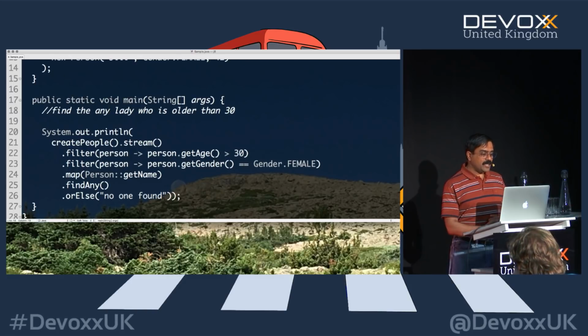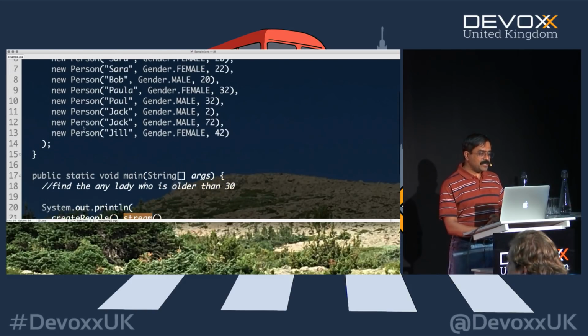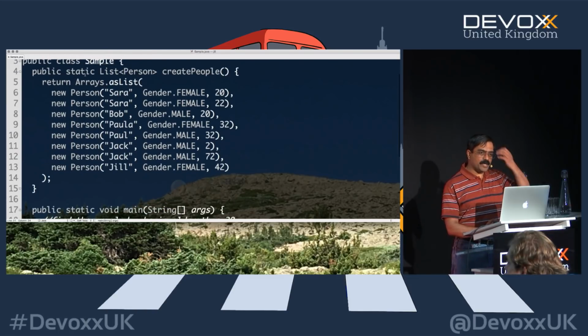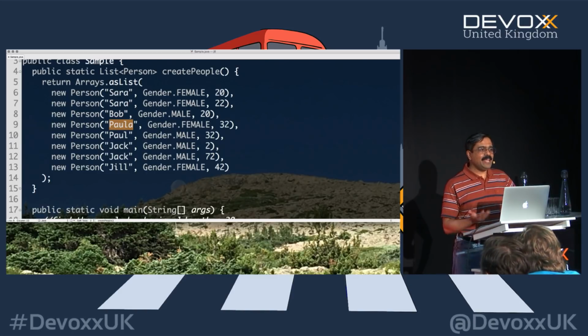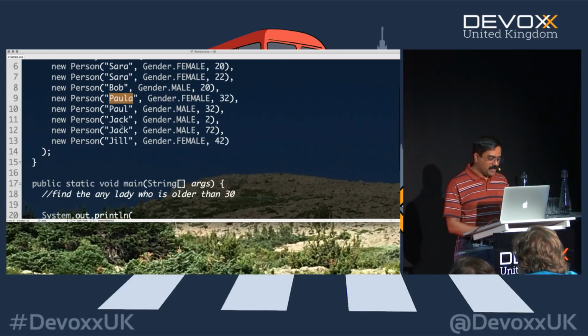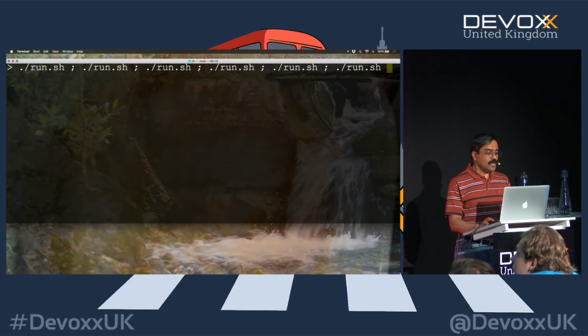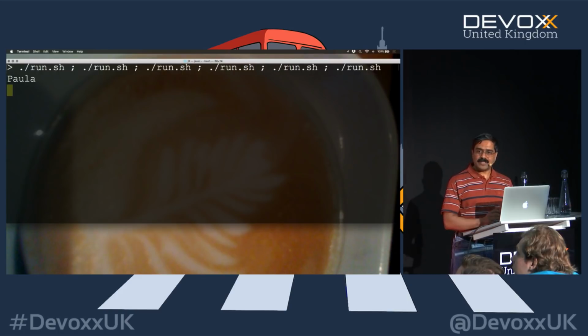Unfortunately, because it's sequential execution and because the collection is ordered, you will have a bias towards Paula all the time, because findAny is findFirst. When the execution is sequential, there is no difference after all. So when I run this code, it doesn't matter how many times I run it, it is still Paula.